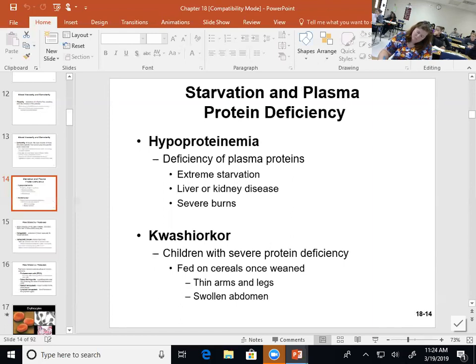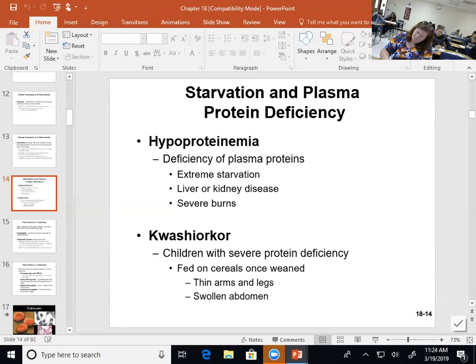So what would this break down to mean? There's no such thing as big words, right? You just break them down. And what does this mean? Low protein in the bloodstream. So if somebody has a low amount of protein in the bloodstream, then that means their osmolarity is thrown off, isn't it? The osmolarity's been thrown off.